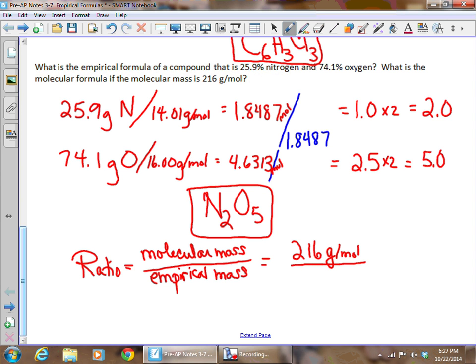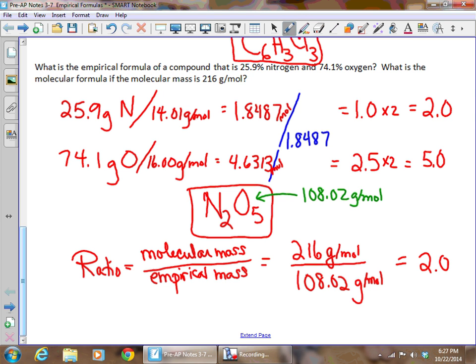If we add up 2 nitrogens and 5 oxygens, the molar mass of that ends up being 108.02 grams per mole. So that's what's going to go down in our problem, 108.02 grams per mole. When we divide that out, that gives us 2.0.